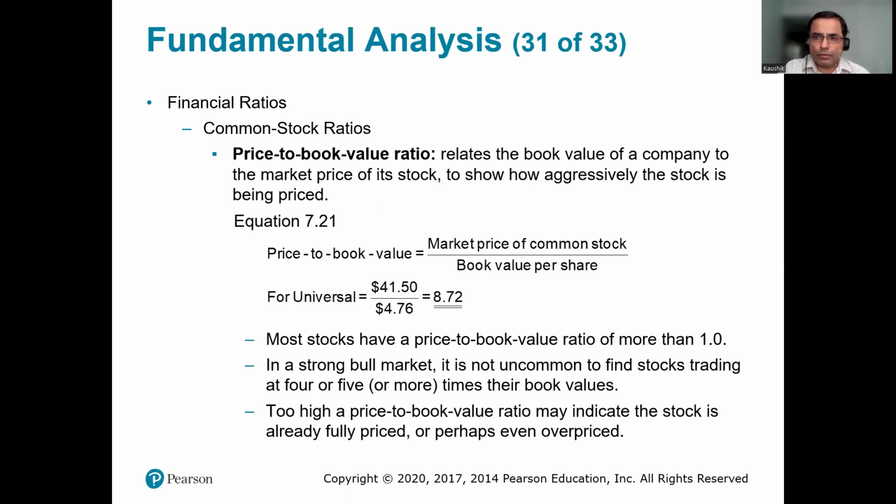Now we come to the price to book value ratio. We have the market price divided by the book value. In most cases, it will be more than 1 because market price is higher than the book value. However, if it is too high, it could also mean that the stock price is overvalued and it may decline in future. So this is another takeaway from the common stock ratios. It helps us to understand how the share price will perform in future.